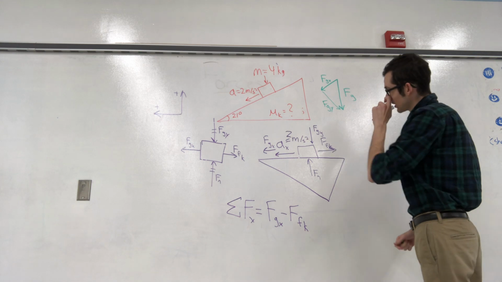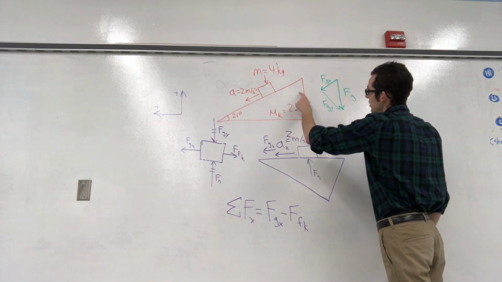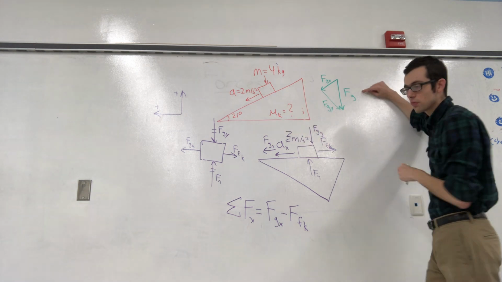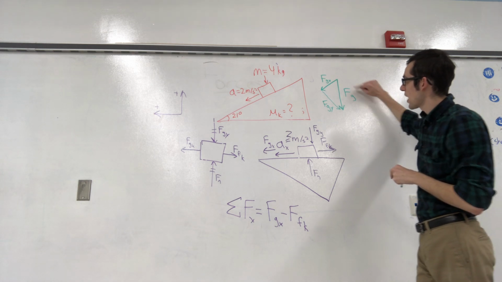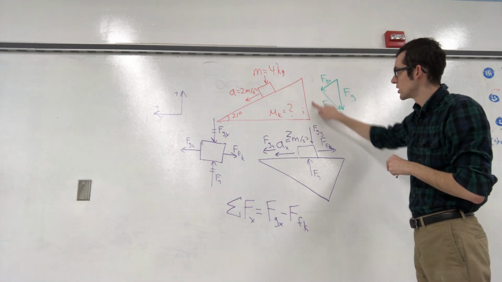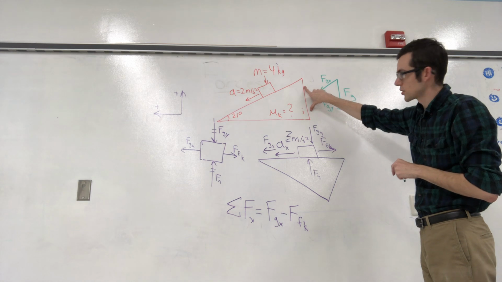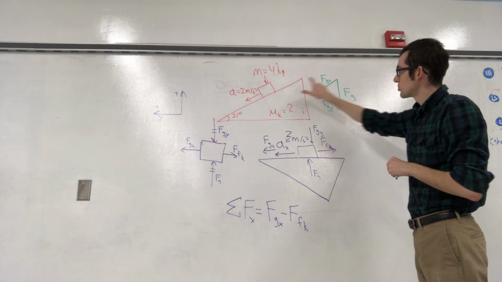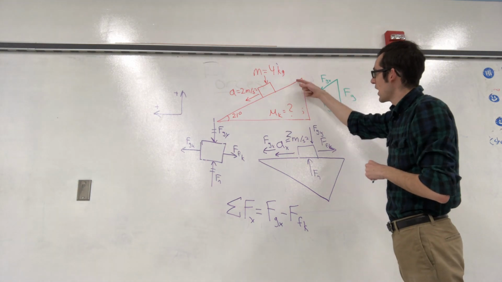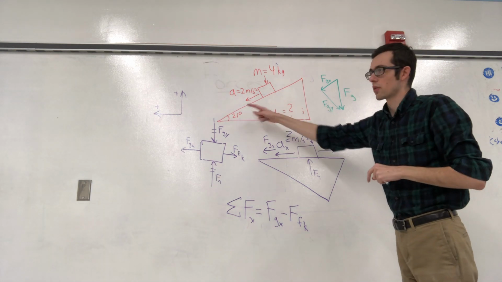In order to find how big these are, we can look at the comparison between FG, the total force of gravity, which is in fact parallel to and in the same direction as this side of our triangle. And FGX is parallel to and in the same exact direction as this long side of our triangle, or our ramp.